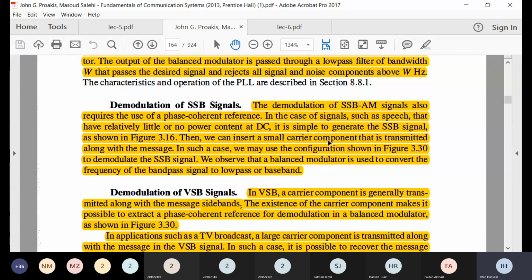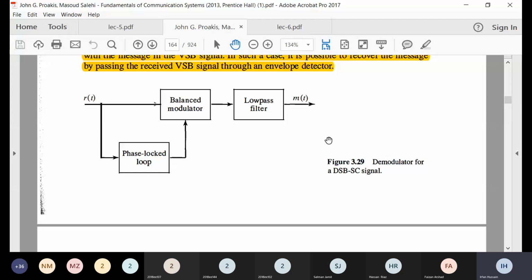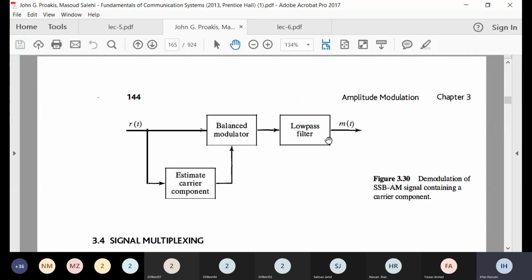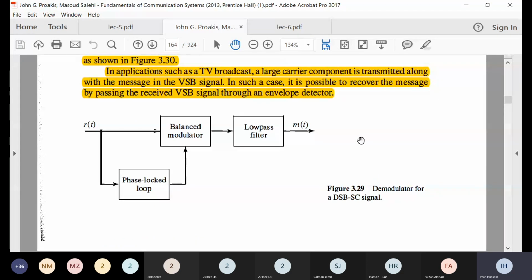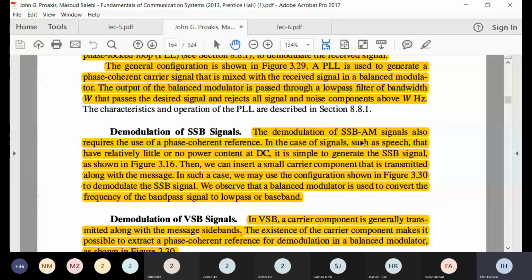Then you can again multiply it in the balance modulator and pass it through a low pass filter to get your demodulated signal, as you can see here: carrier, balance modulator, low pass, and you will get your demodulated signal.